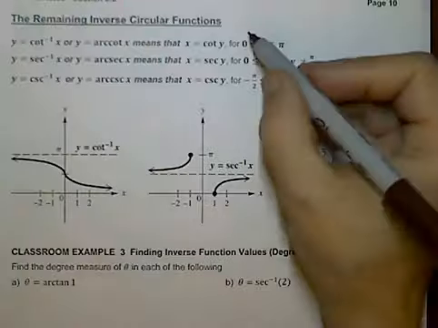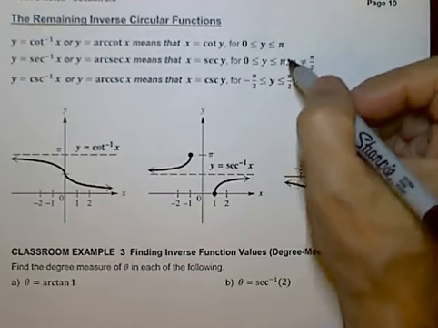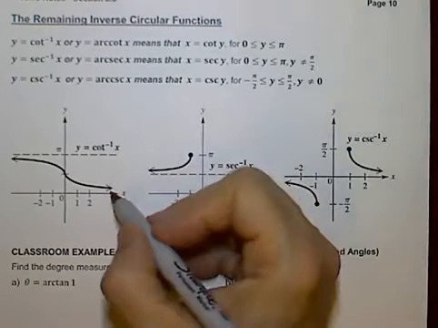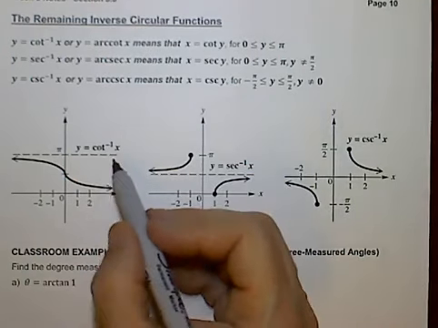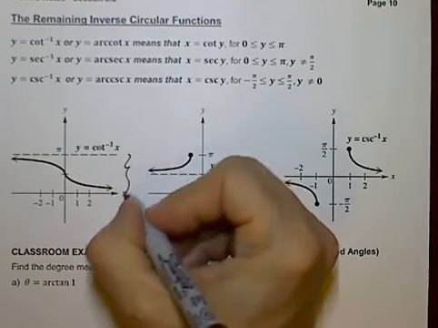Now we do have inverse functions for the other three trig functions. These ones we don't use a whole lot, so we're not going to go into a whole lot of details for them. The important things to notice are the domains and the ranges. Just looking at the graph for inverse cotangent, notice the range here is going between 0 and pi.